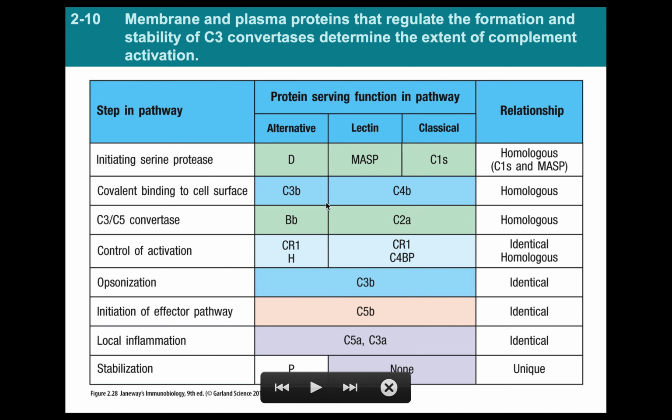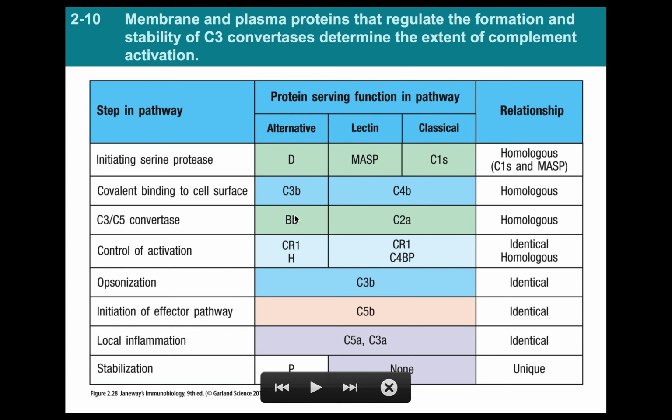But if C4b doesn't, and we alternatively activate C3, then C3b, which is alternatively activated, that version only, can directly covalently bind to the cell surface. And so it'll serve as an anchor point in the alternative pathway.